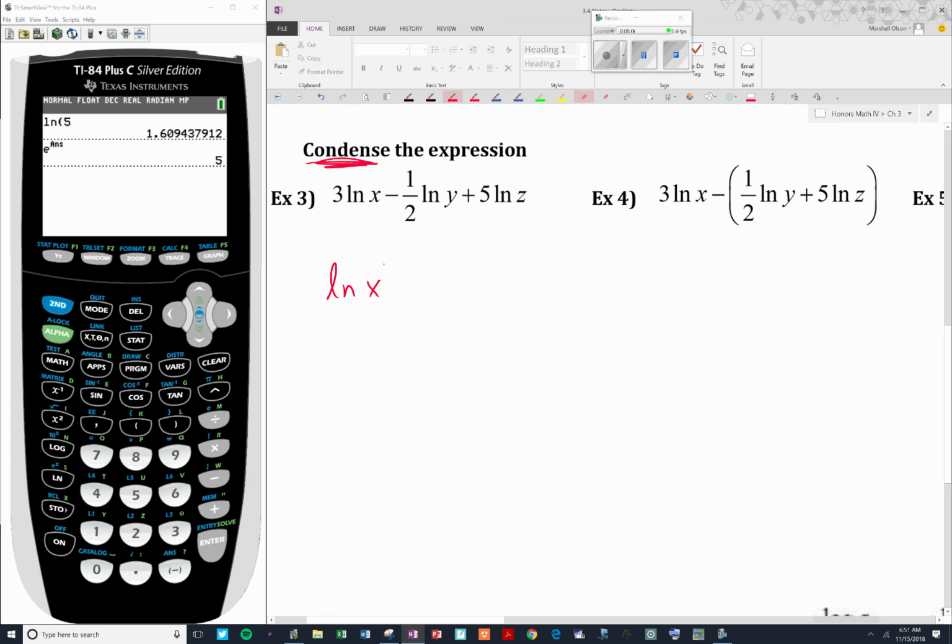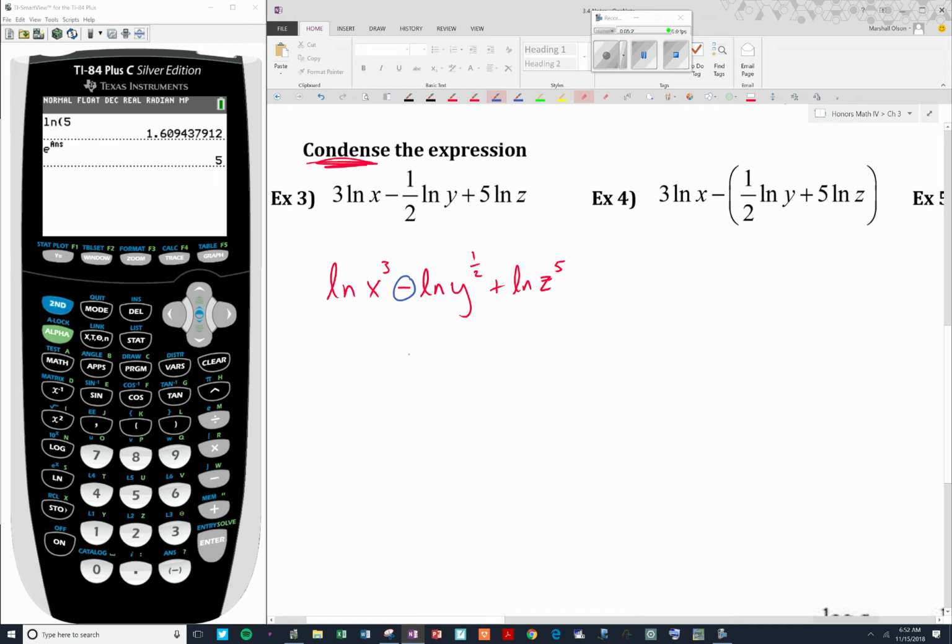So this natural log of x is going to be natural log of x cubed once I bring that 3 up. I'm going to leave this as minus right now and just bring up a positive 1/2. Natural log of z to the 5th. And then what I'm going to do is, from left to right, take care of these guys. So first I'm going to take care of the division within.